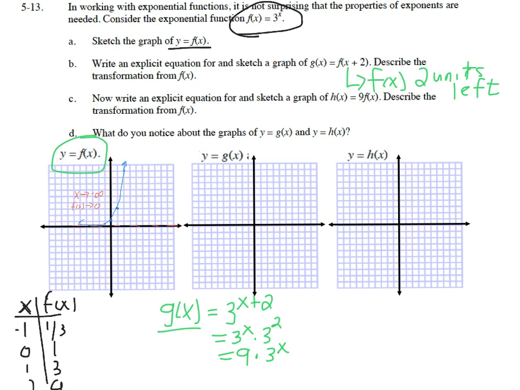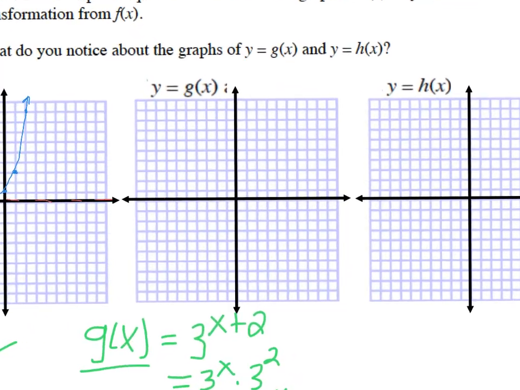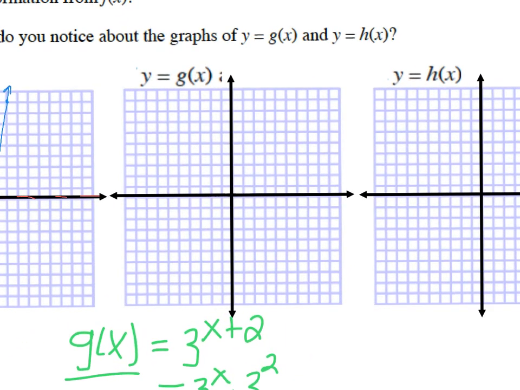So that first point was a -1, up 1/3. So that's going to now be a -1 moved 2 to the left. That's going to be a -3, 1/3. I had a point of 0, 1. Move that 2 units to the left, 1, 2. So that's now a -2, 1.